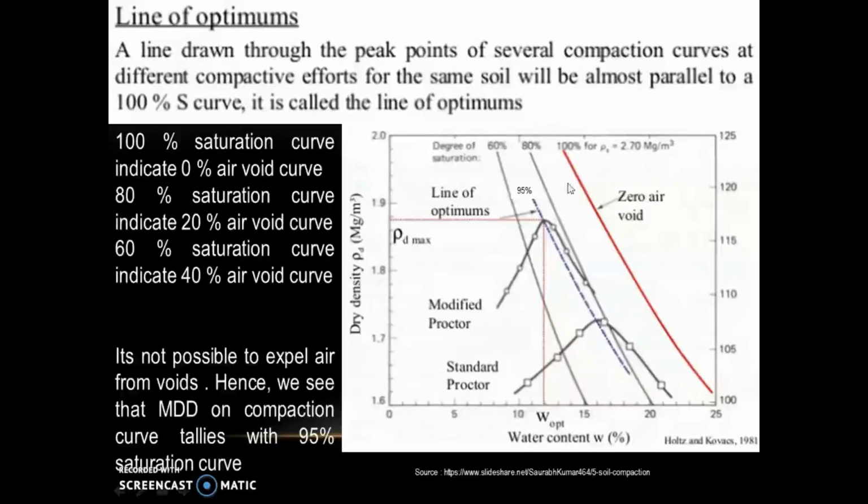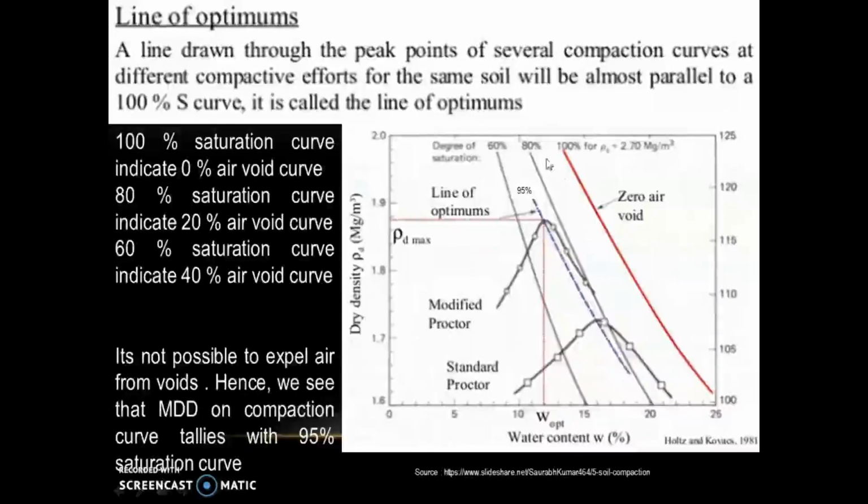And in this graph we can see that these saturation lines are represented in terms of degree of saturation. Here first one again represents zero air void line, that is soil is totally saturated, hence degree of saturation is 100%, whereas percentage of air voids is 0.